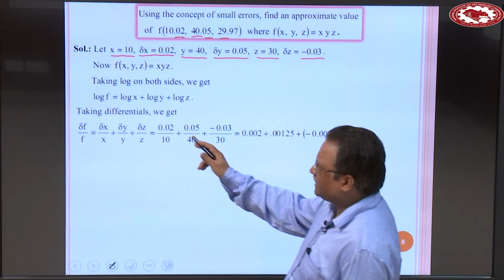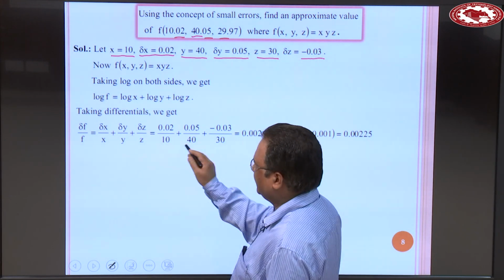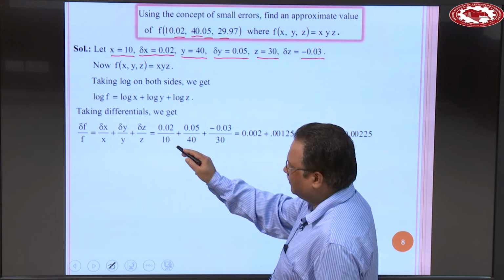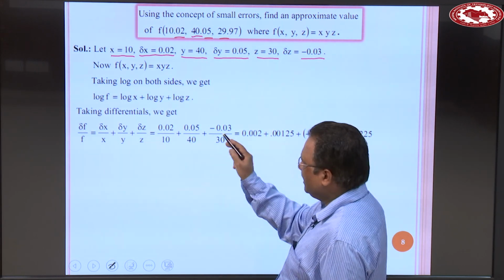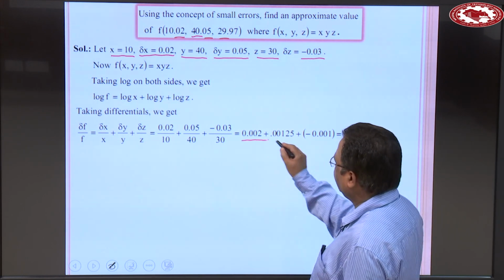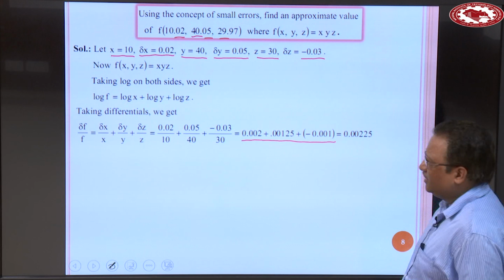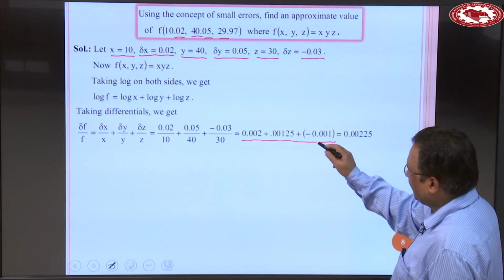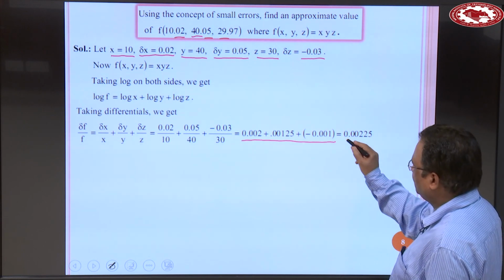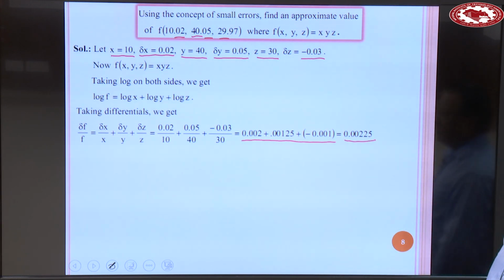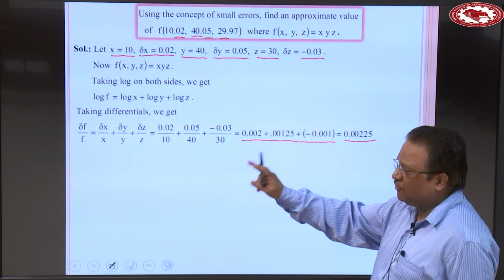Substituting the values, we obtain 0.02 over 10, 0.05 over 40, minus 0.03 over 30. So when you calculate, we obtain 0.002 plus 0.00125 minus 0.001, and you will get 0.00225, and this is delta f over f.